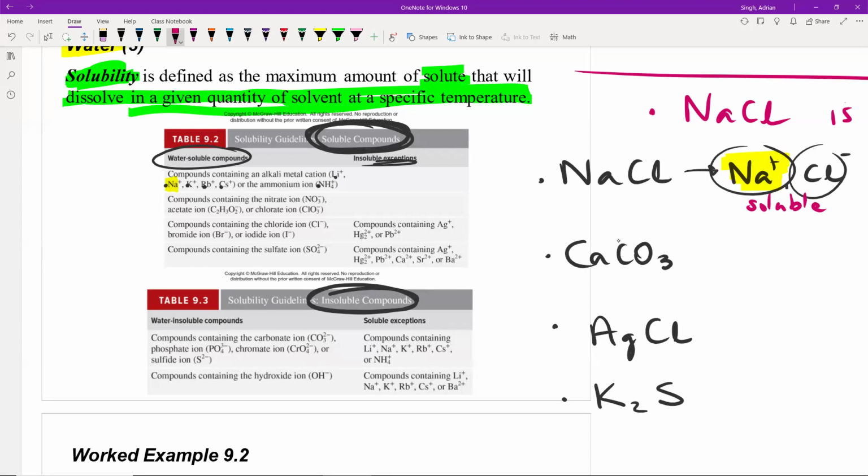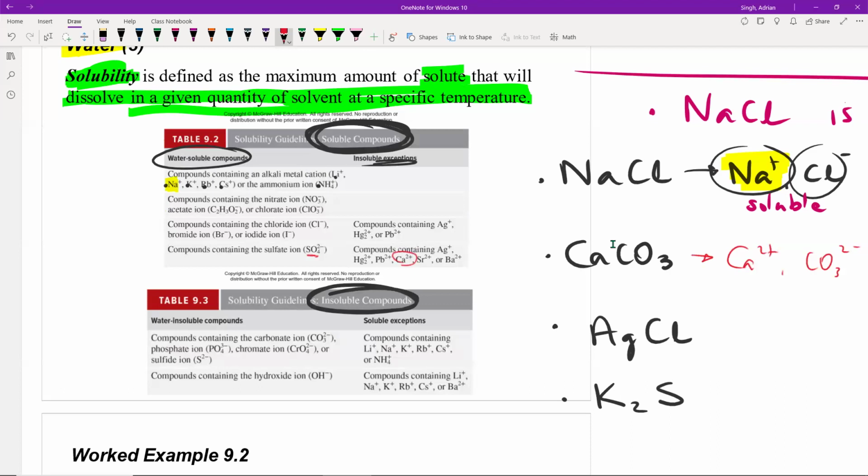If I take a look at the second one, calcium carbonate, this has a calcium ion and it has a carbonate ion. So this would rely on you being able to recognize your ions and the polyatomic ions. Okay, so we look to see any of these ions in our table. Well, calcium's not here. We don't see calcium or carbonate here. We see calcium over here, but that is when there's sulfate present and we don't have a sulfate.